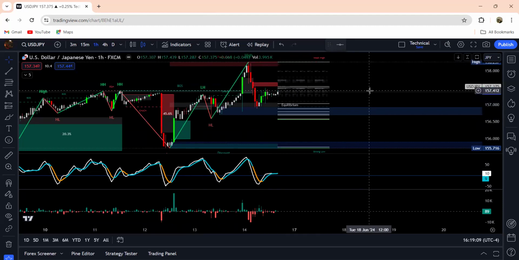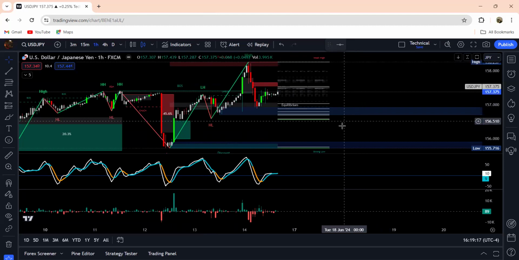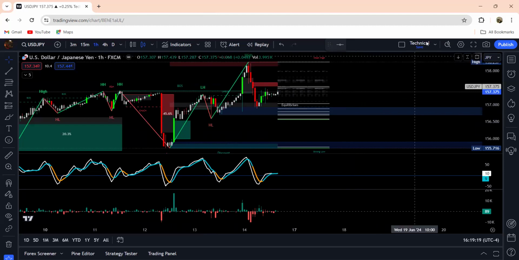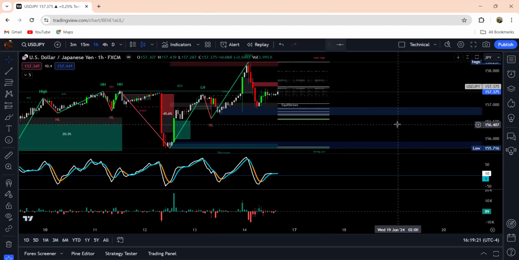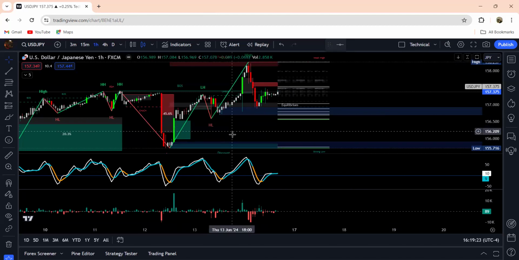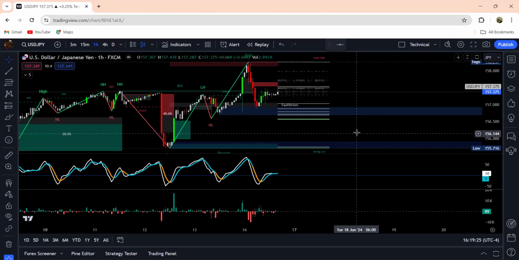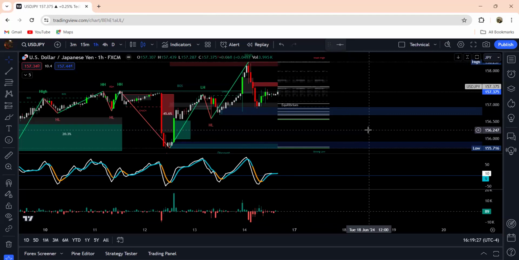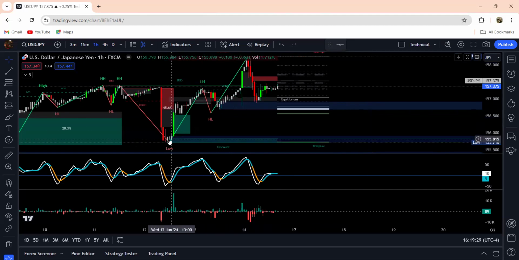So our main source of price movement for our entries and trades, in my experience, and this is where I had more success over the last week, was when I traded strictly from these supply and demand zones.